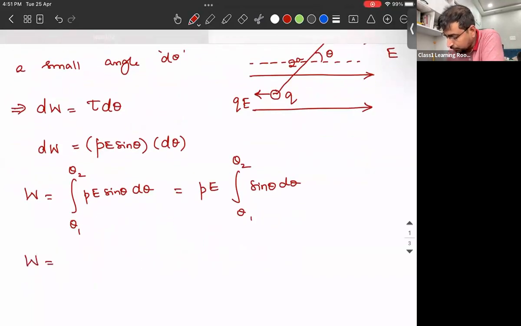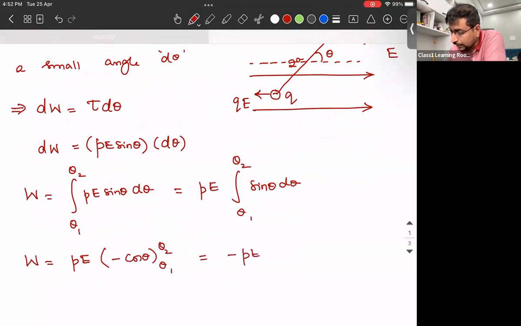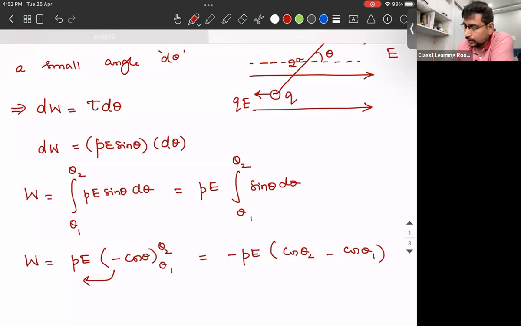So W will be equal to PE into the integral of sine theta, which is minus cos theta, from theta 1 to theta 2, right? If I take the minus sign outside, I get minus PE into cos theta 2 minus cos theta 1. I took this minus sign outside and substituted the upper limit and the lower limit.